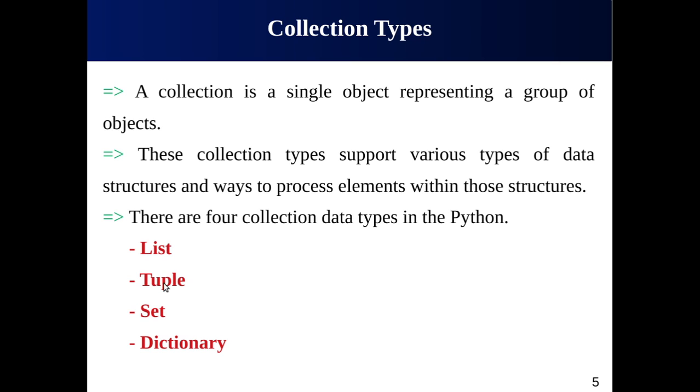And then we have another type of collection type which is referred to as a tuple. A tuple also represents a collection of objects like the list that are ordered but immutable. The difference between the list and tuple is that you can change the objects during the program, while the tuples cannot be modified.